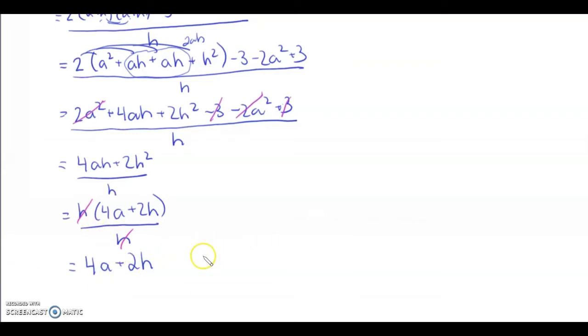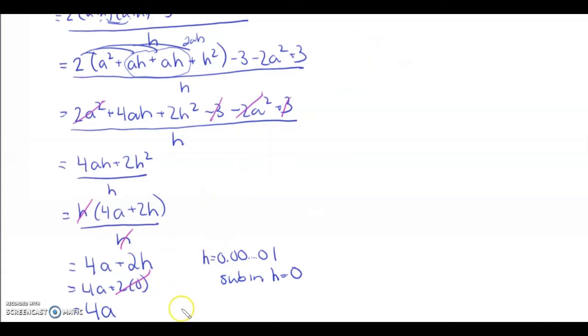At this point, we know that h is a very, very small number. So what we can actually do at this point is sub in h equals 0. By subbing in h equals 0, this term here is going to go to 0, and we're going to have equals 4a.